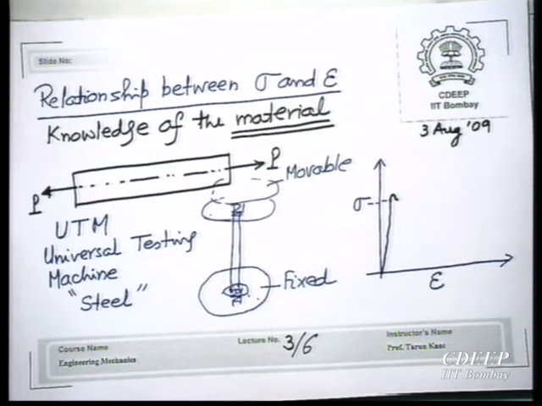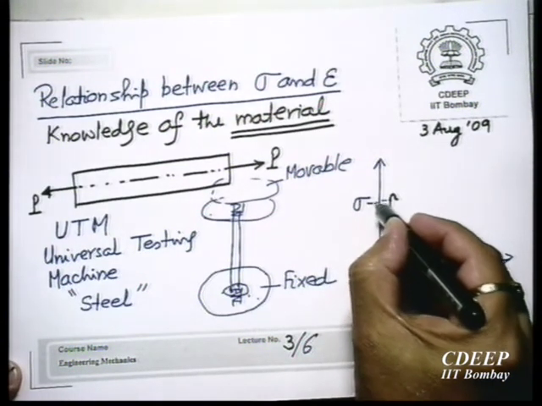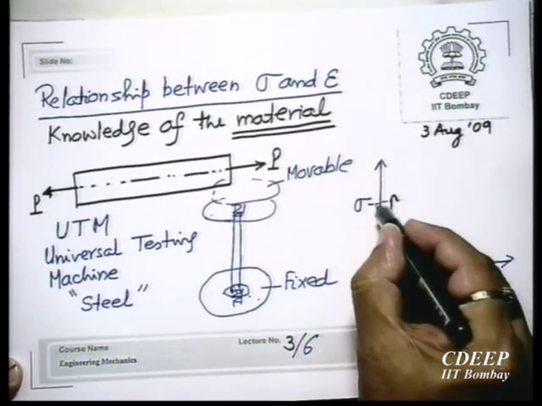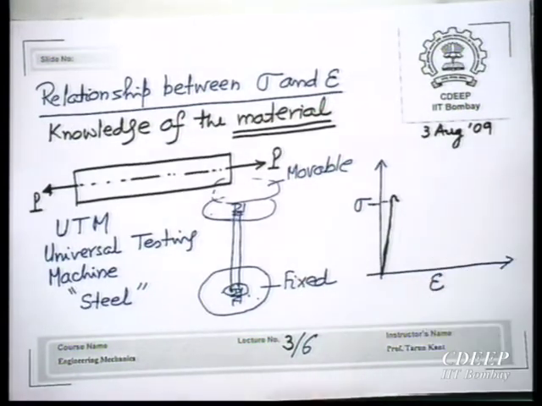There is a kink at a particular point, and up to here it is a straight line. So we call this the proportional limit. Stress is proportional to strain.